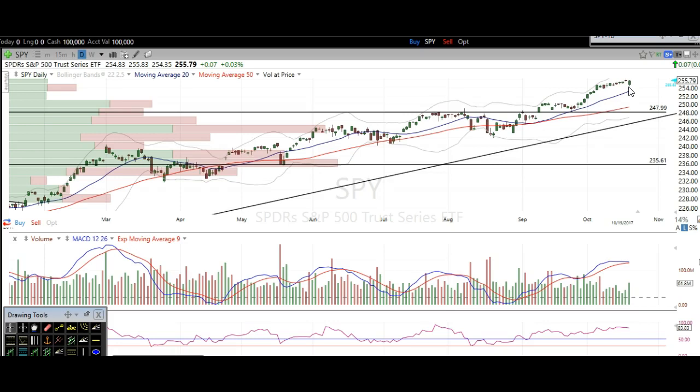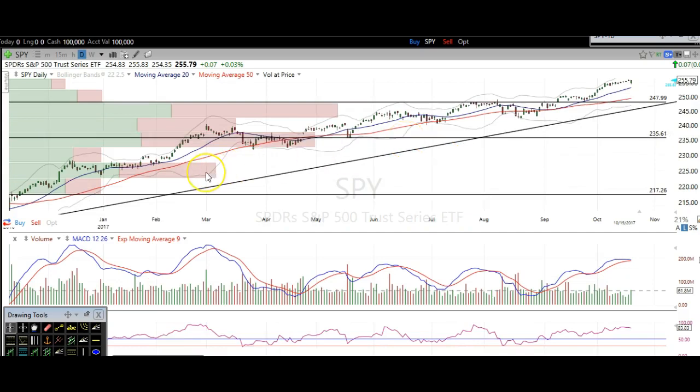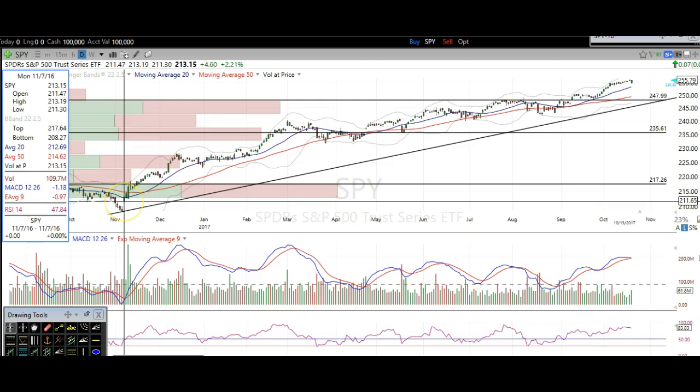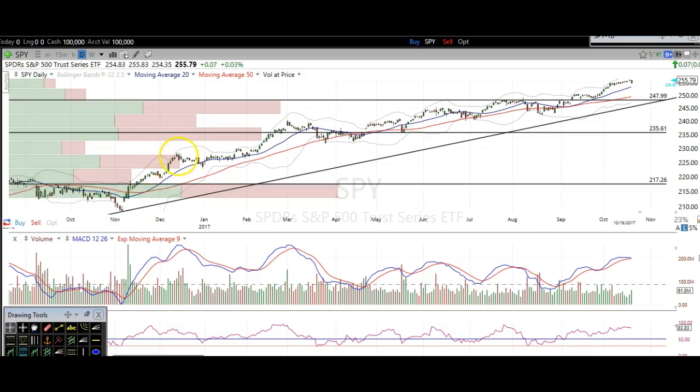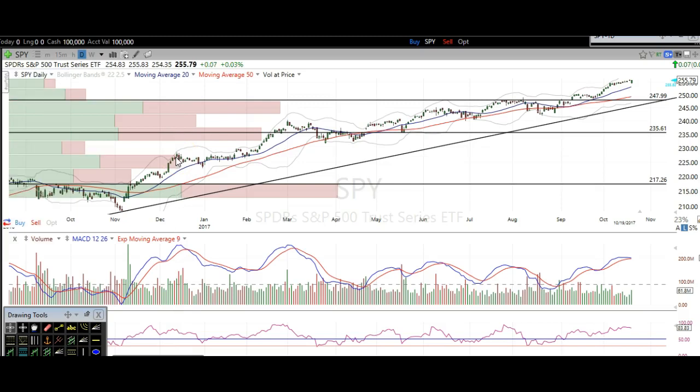We've pretty much gone straight up for 2 months, and as you can see, the market hasn't really done that the entire time. Here, in the very beginning of this trend, we went up from the 7th of November of last year until the 13th of December, and then we traded sideways for about a month, maybe a little bit longer.